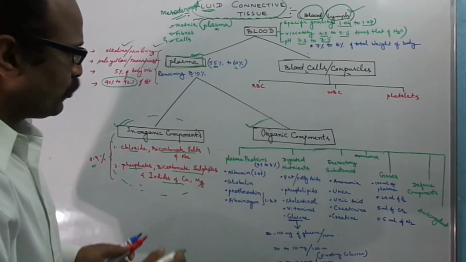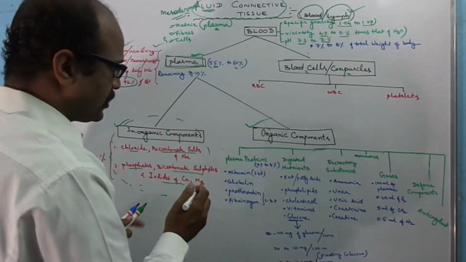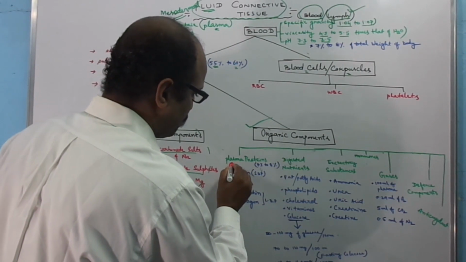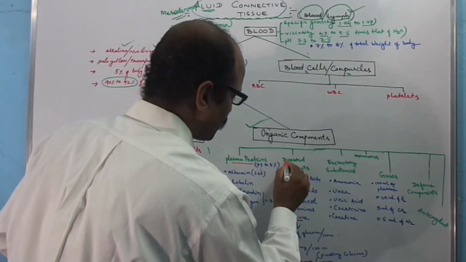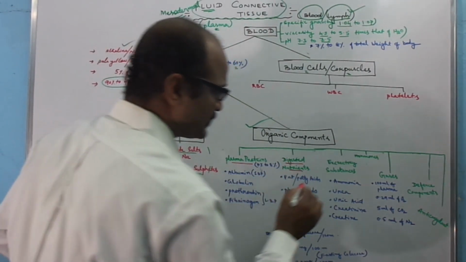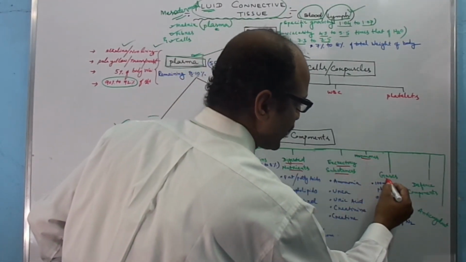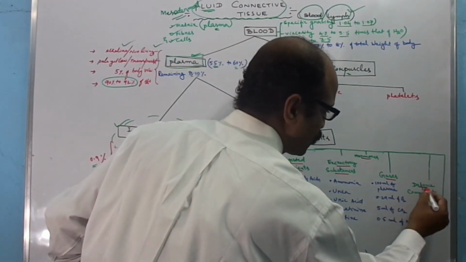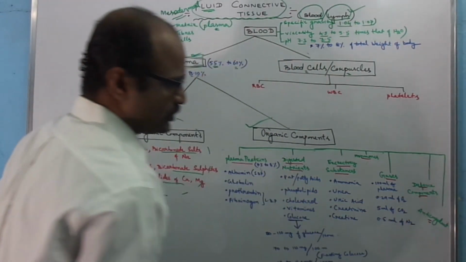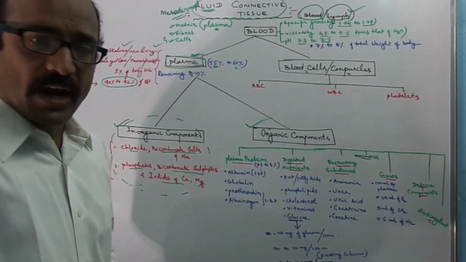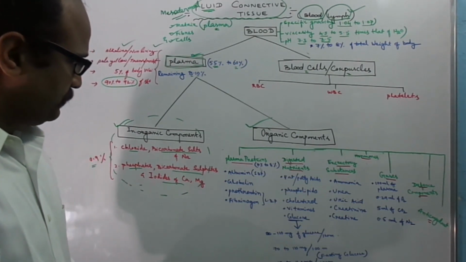The main constituents of organic components are the plasma proteins, digested nutrients, excretory substances, hormones, gases, defense components, and anticoagulant substances.